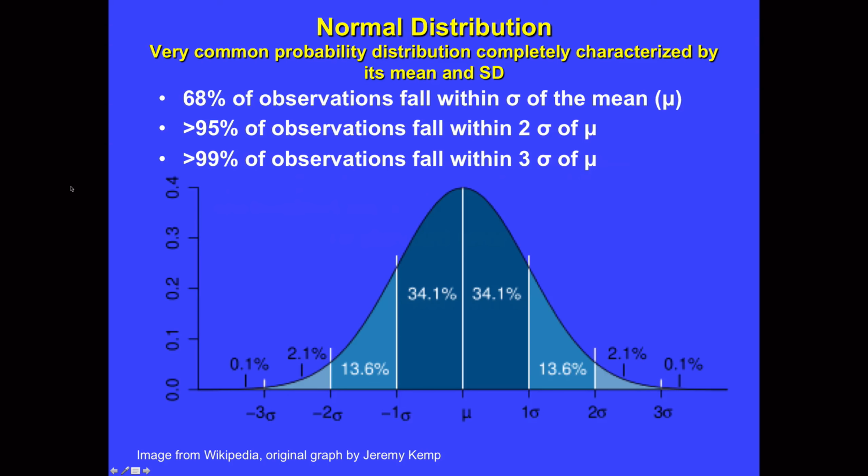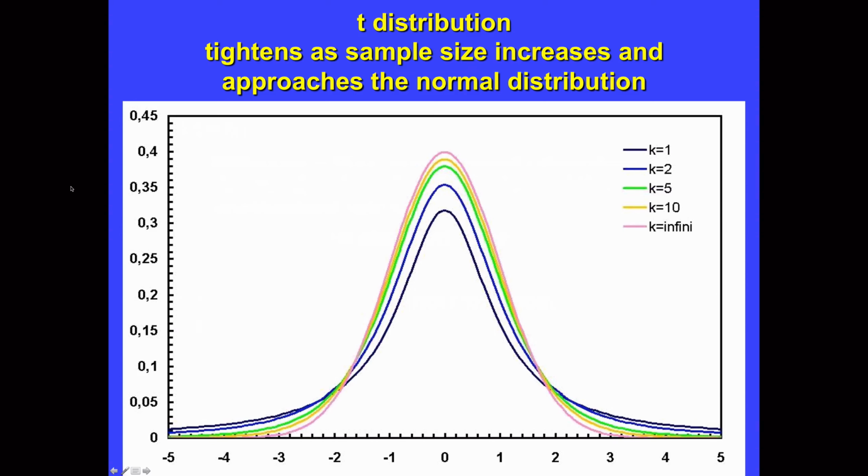This is relevant to t-tests and t-statistics because a t-distribution also is entirely characterized by the mean and the standard error of a sample. And as the sample size gets infinitely large, the t-distribution will approximate the normal distribution. So based on means and standard errors, essentially we can derive some inference about the probability of observing some particular value, a mean blood pressure from a sample, given some a priori hypothesized value.